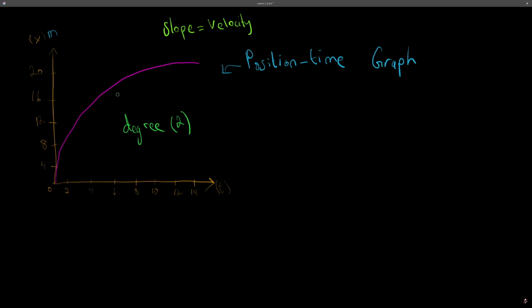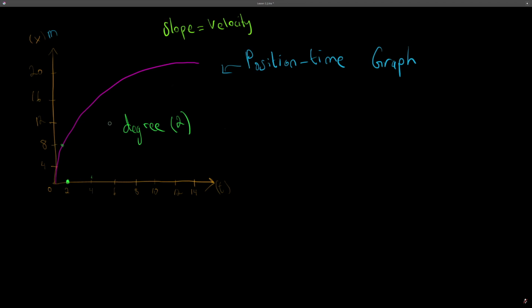Why is that? Well, if we look at the object, at second 2 it reached around 8 meters in around 2 seconds. However, at second 4, it moved less than 16 meters in around 2 seconds again.